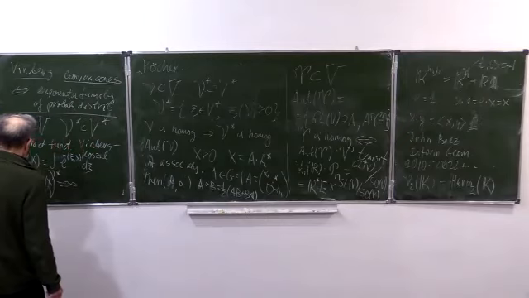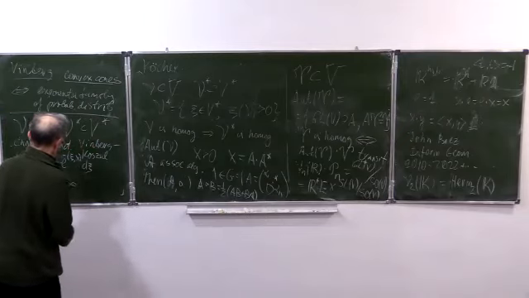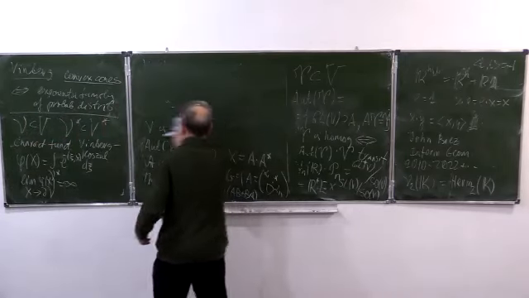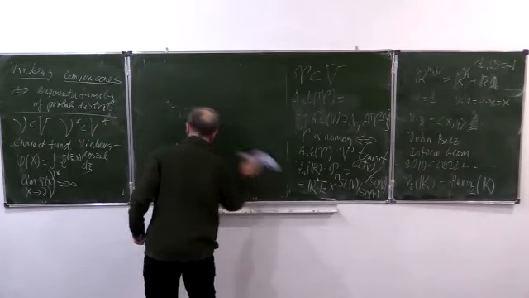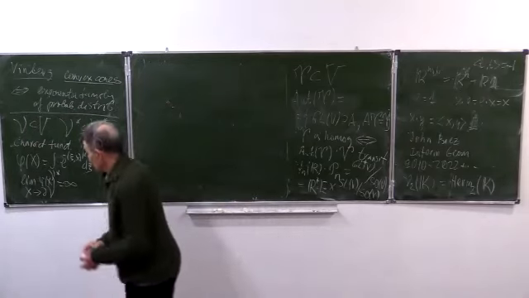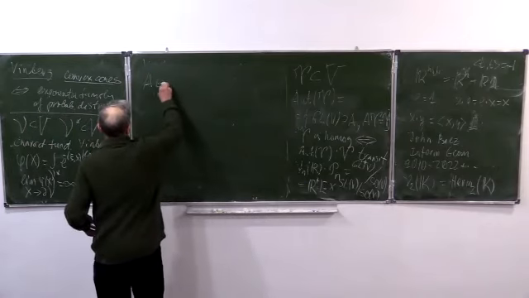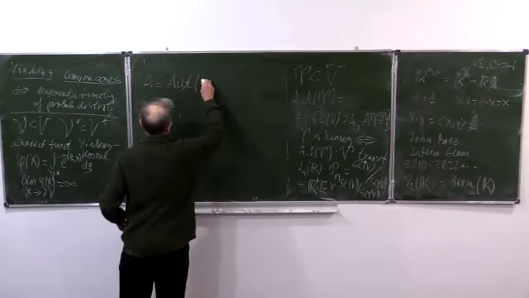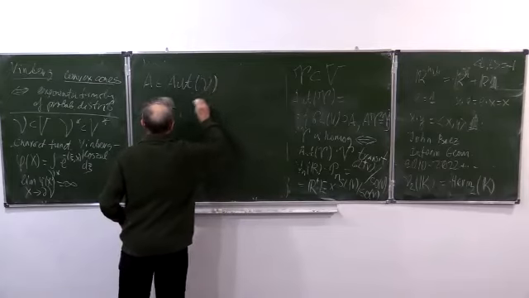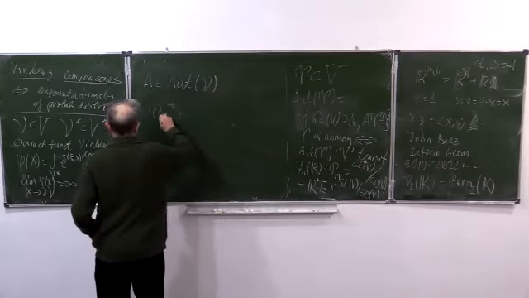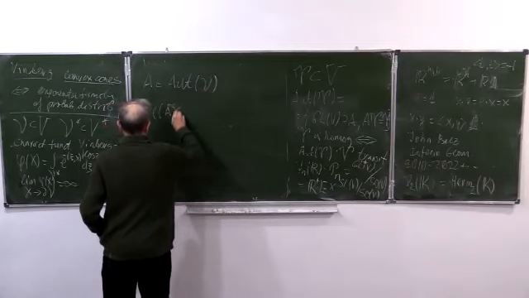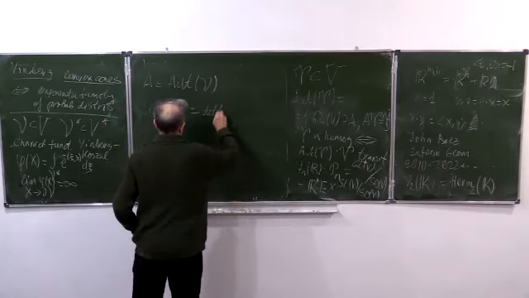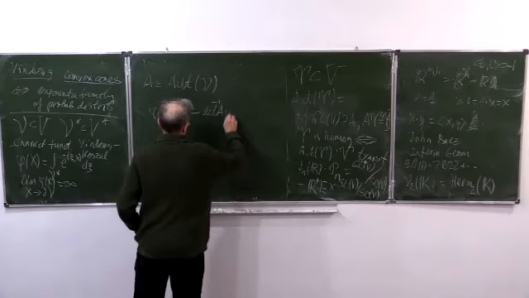Yes, and another property is, again, everybody can check this very simple property: if A is some linear transformation of V, then phi of A x equals determinant of A to the minus 1 times phi of x.